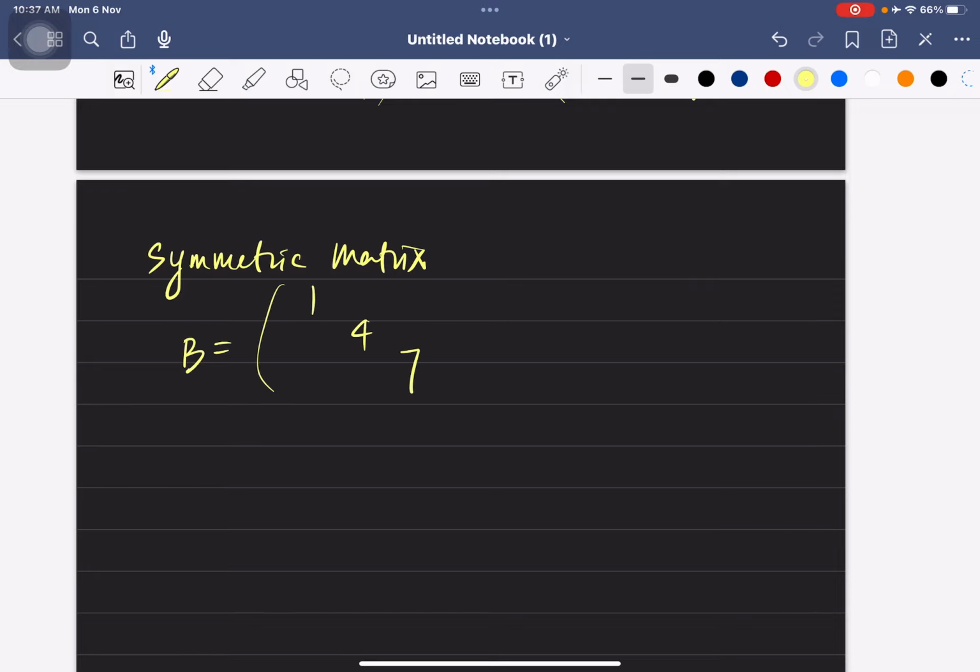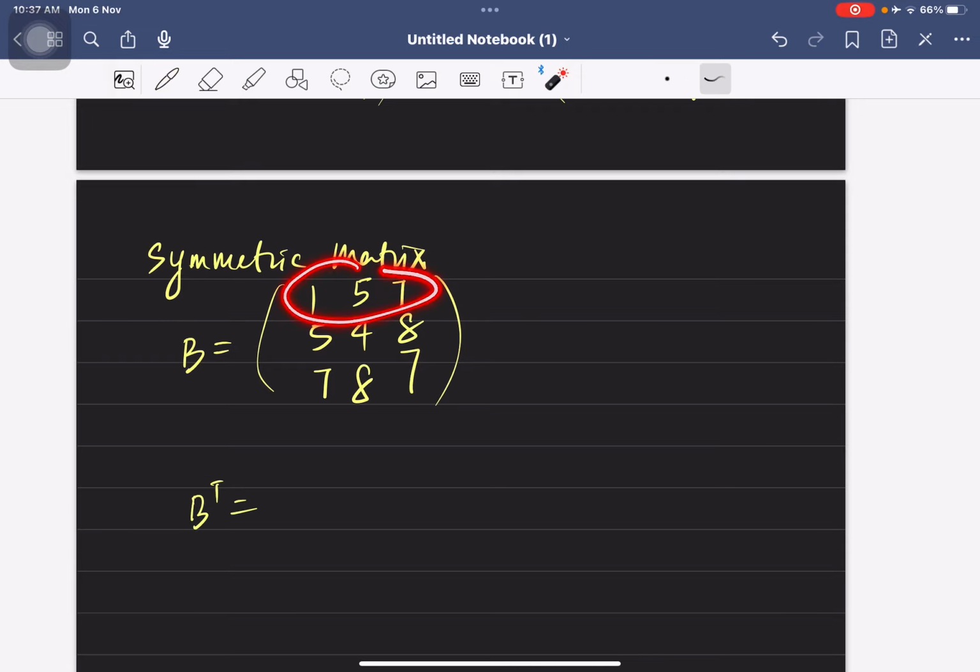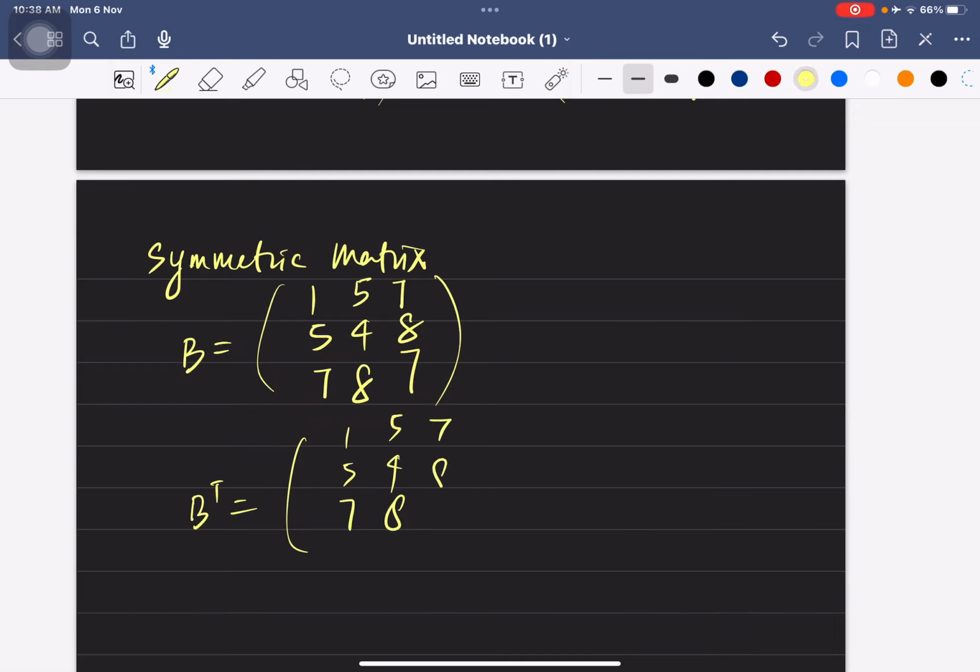If here is 7, here must be 7. If here is 8, here must be 8. Writing the transpose, the first row becomes the first column: 1, 5, 7. The second row becomes the second column, and the third row becomes the third column. You see, if you have a symmetric matrix, your transpose looks exactly the same as the original matrix.